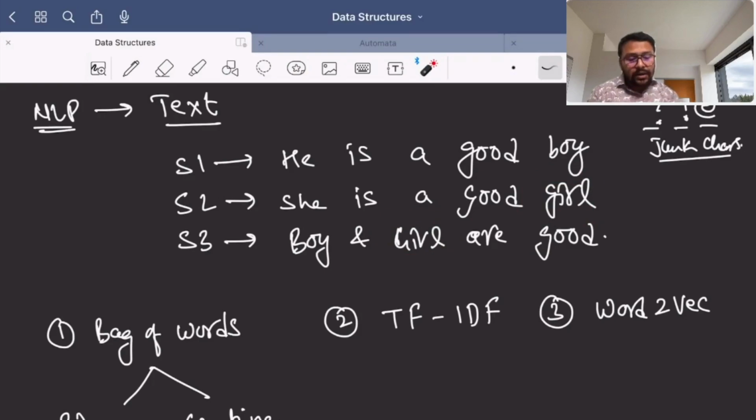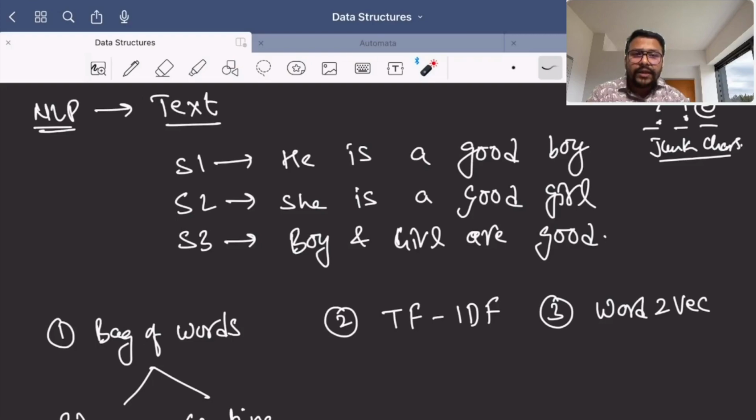So I will convert all capital characters into small characters, so that capital D Delhi and small d Delhi are treated as the same. First I removed all the junk or unwanted characters, then I converted all my characters into small case.